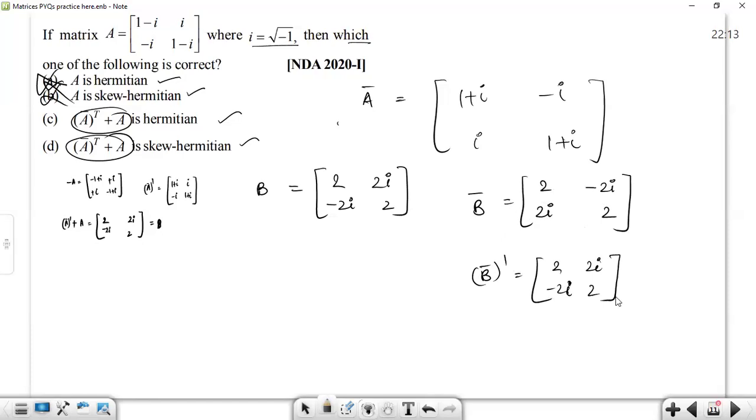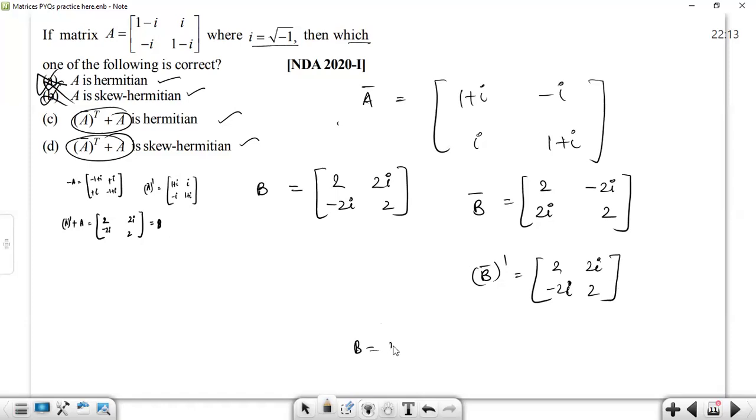Now, is this equal to the given matrix? Are this and this matrix equal or not? 2, 2 iota, minus 2 iota, 2 and 2. Yes, they are equal, right? Because corresponding elements are equal and the order is also the same.